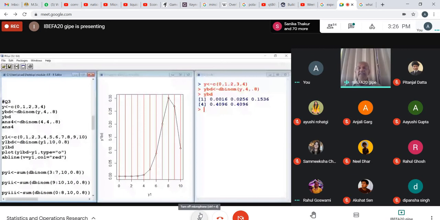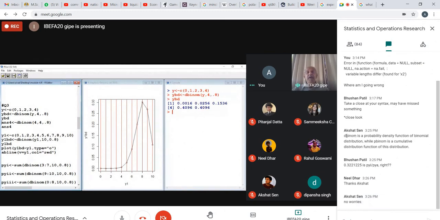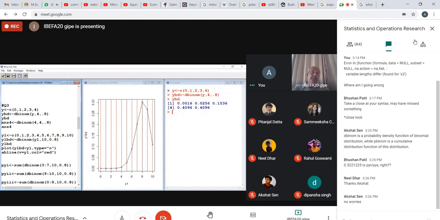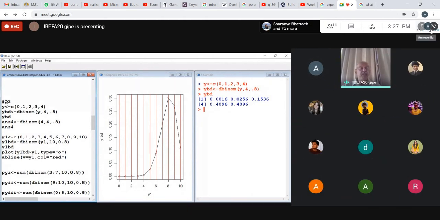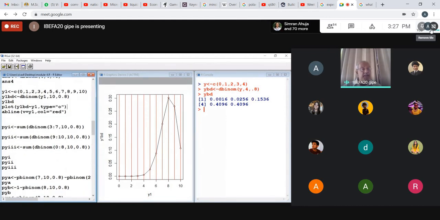And 0.4096 is the probability for 4. So D binom gives the individual probability, whereas P binom will give you the cumulative probability.